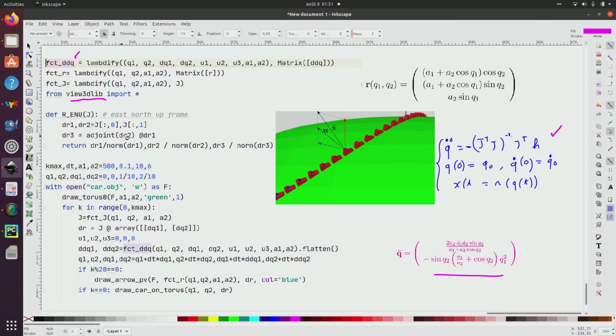I create here, using the Jacobian matrices, a rotation matrix via the vectors dr1, dr2, dr3. So if this one corresponds to x of t, then I will put a frame which is given by north, east, and up. So it is this frame I create using this function.